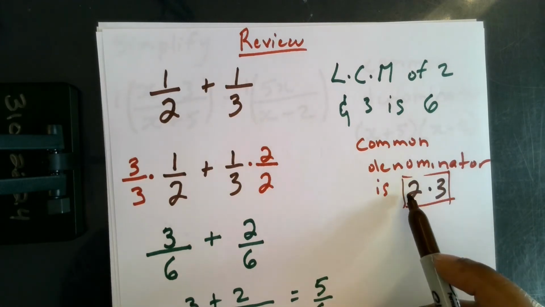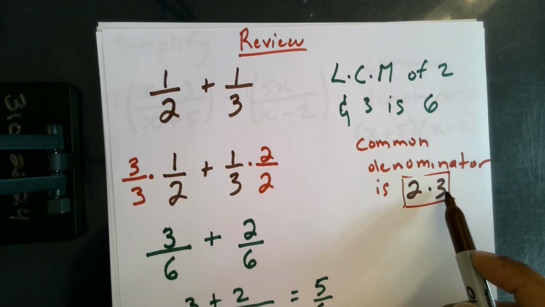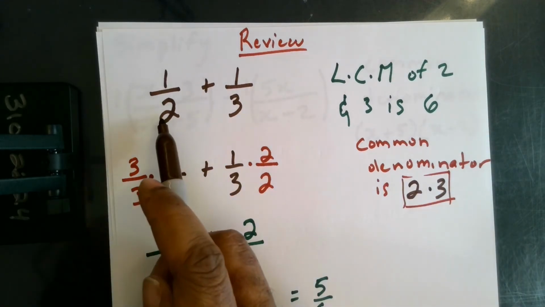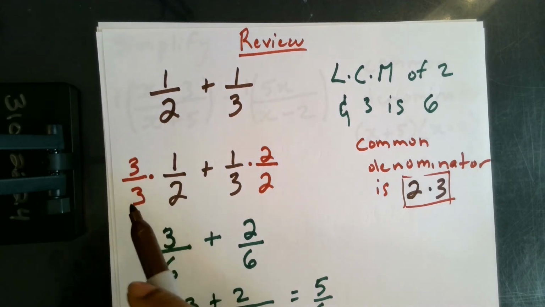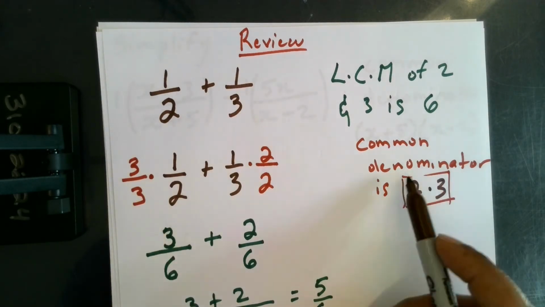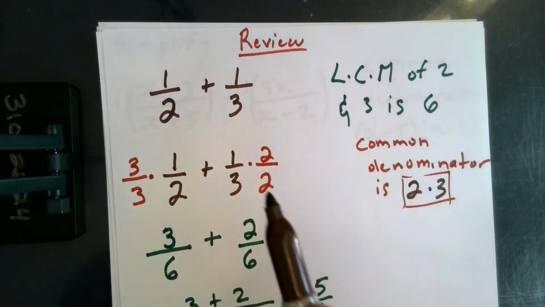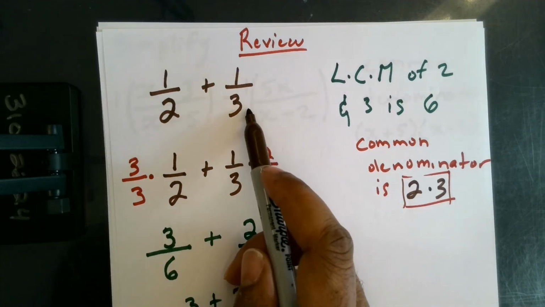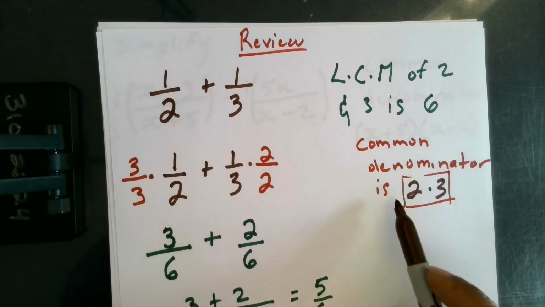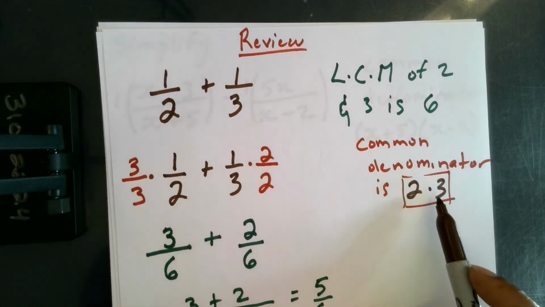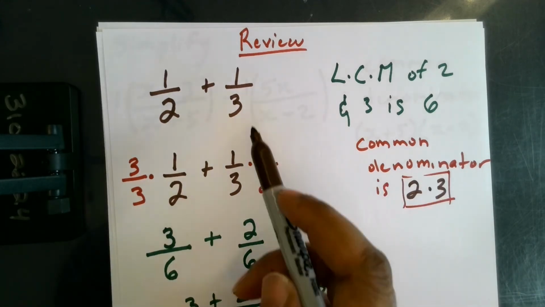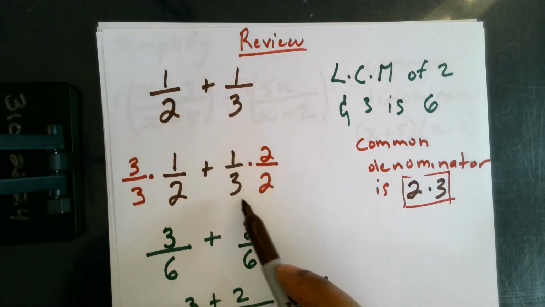A 2 times a 3 is here. All right. Here we only see a 2. So I need to multiply it with 3 so that it resembles what we have here. All right. I notice that this doesn't have a times 2, but this has a times 2. So I'm going to multiply 3 by 2, as you can see here.